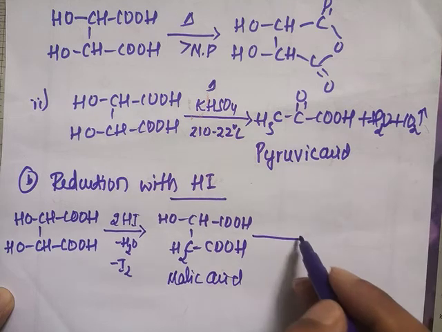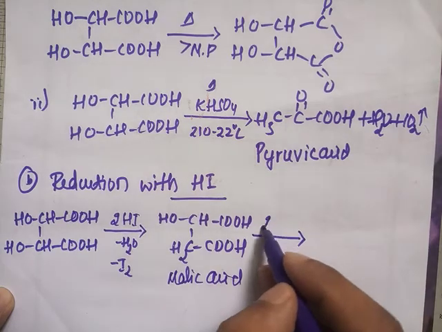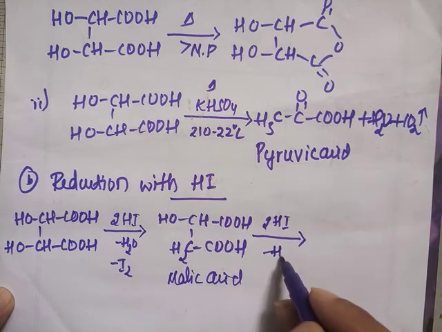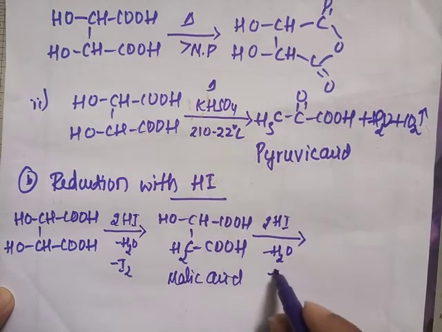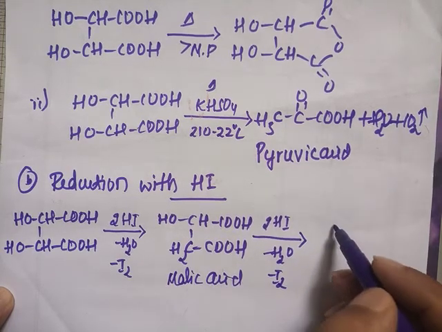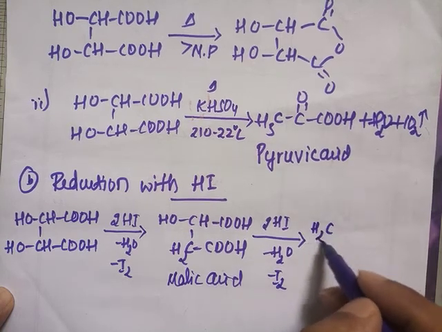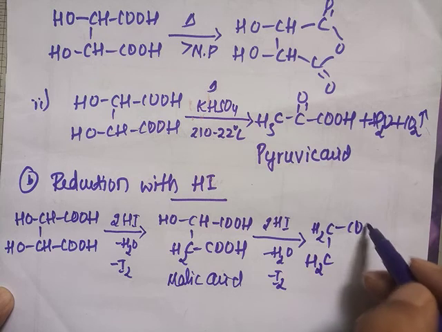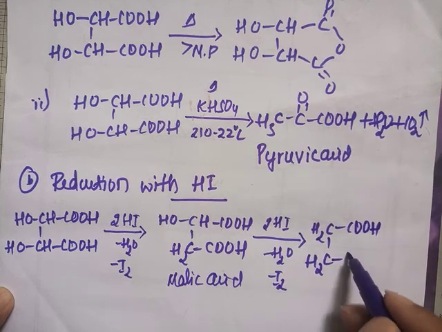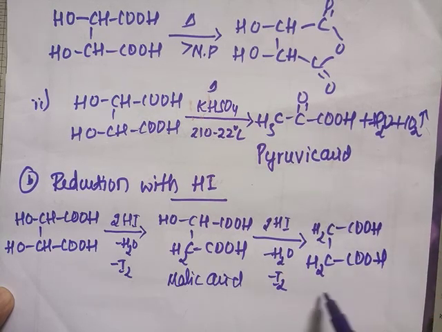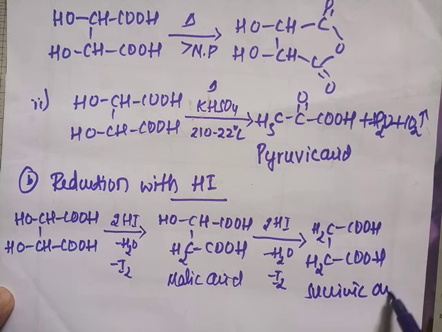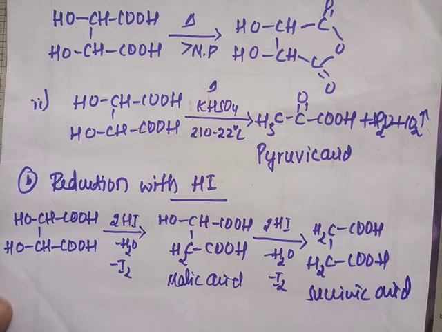After the formation of malic acid, it is further reduced to succinic acid, COOH. So this is succinic acid.